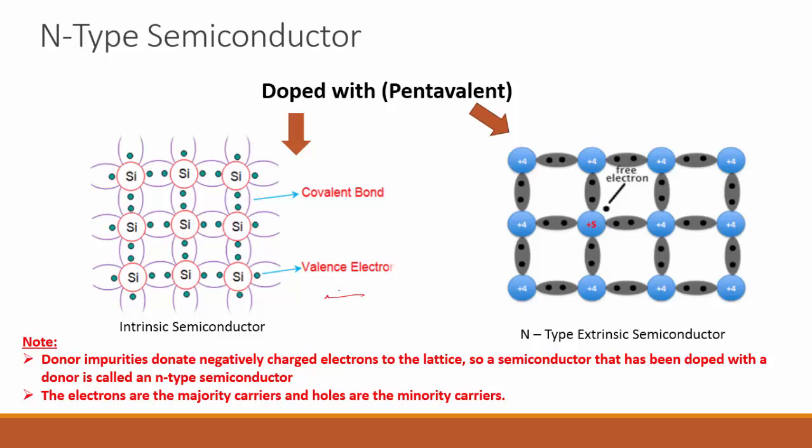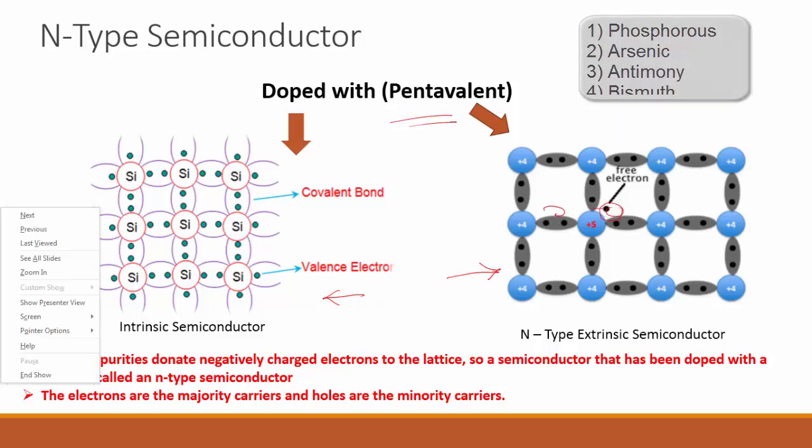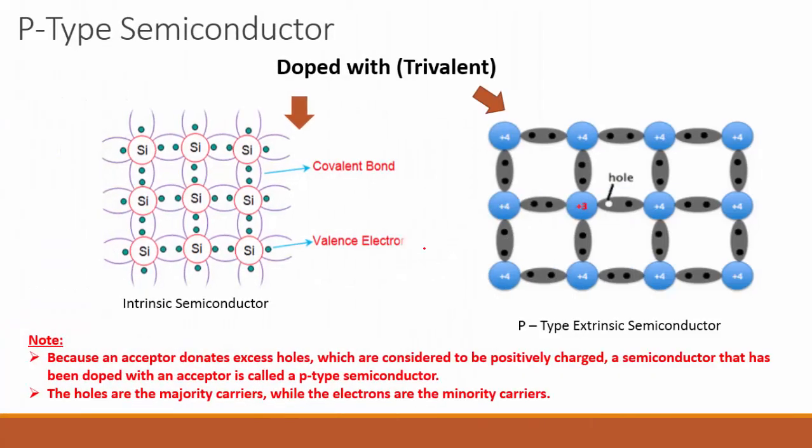This is an intrinsic semiconductor, and if I dope it with pentavalent impurities, there are 4 electrons bonded around the silicon and 1 free electron inside the atomic structure. That means the current flowing in the n-type semiconductor is due to electrons, because free electrons are there, and that's why this intrinsic material has been converted into an extrinsic material.